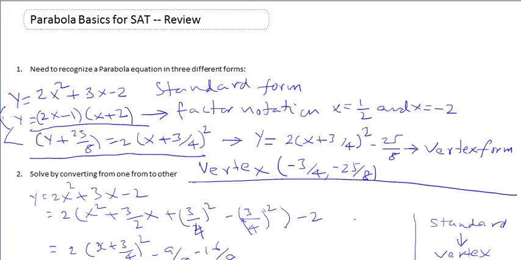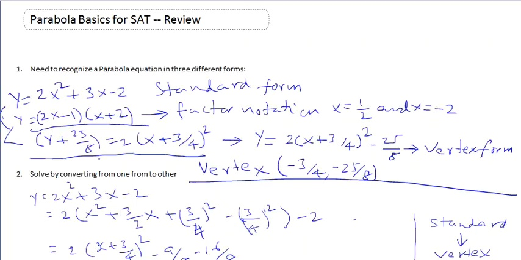For example, 3 can be split as 4 minus 1. 4 times minus 1 is minus 4, but 4 plus minus 1 is equal to 3. And after you split it, it becomes easy to do the rest of the steps. So the answer would turn out to be 2x minus 1 times x plus 2. Again, as I said, if you don't know how to do factoring, learn that from other sources.